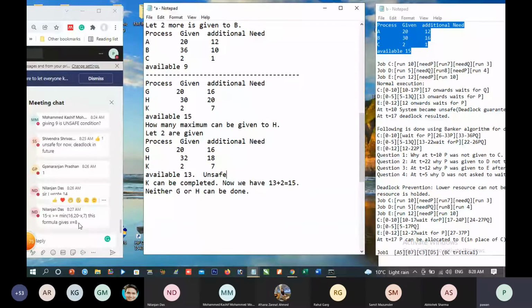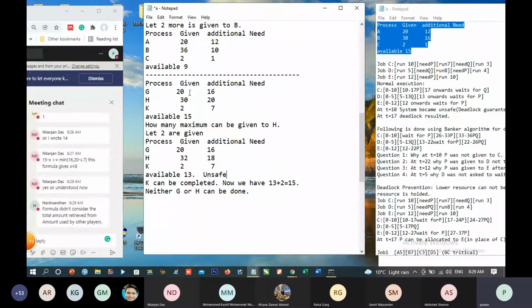In which case, 15 minus x. You see, you apply this formula in this case, Nilanjan. In these circumstances, if we give 2 to H, this is an unsafe situation. Available is 13. With the help of those 13, we can complete the need of K. Available will be 15.